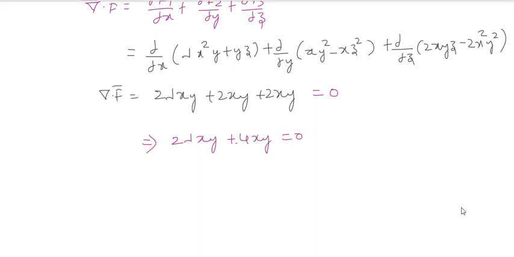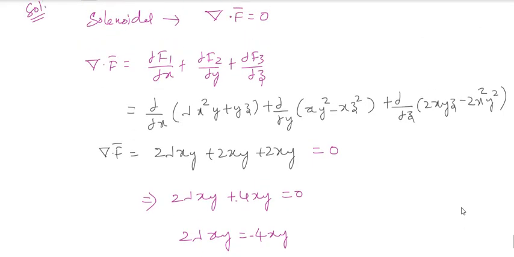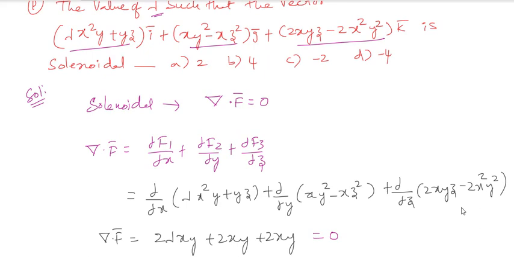So 2 lambda xy is equivalent to minus 4xy. So from this, the lambda value will be minus 2. This is how you have to calculate. So option C is the right answer. Clear with my point?